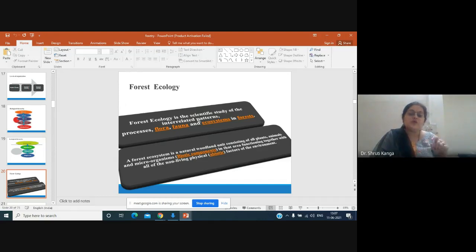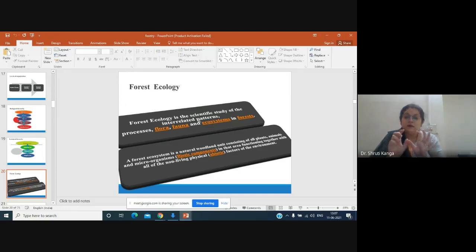A forest ecosystem, now what is forest ecosystem? Is a natural woodland unit consisting of all the plants, animals, and microorganisms. They are all living components in the forest ecosystem.